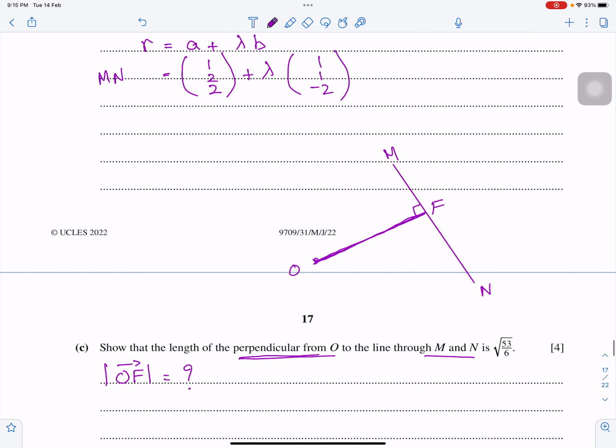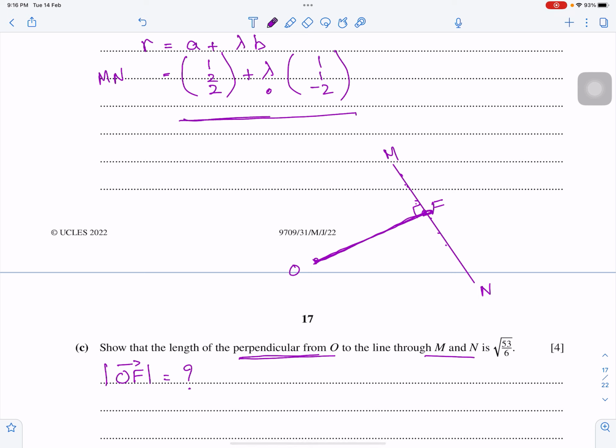One thing I would like to tell you here: in the line equation which you have found, as the value of lambda changes, the position of the point on the line changes. So F is also one point, and for this position of F there is a certain value of lambda.